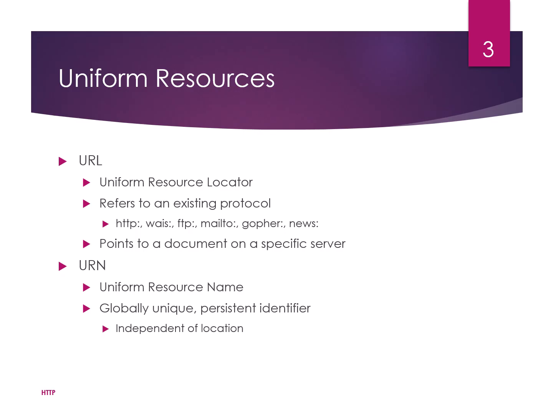Let's see uniform resources. First is URL, which means Uniform Resource Locator. That means it identifies a resource by location, including the protocol, for example HTTP, FTP, and mailto, and points to documents on a particular server.